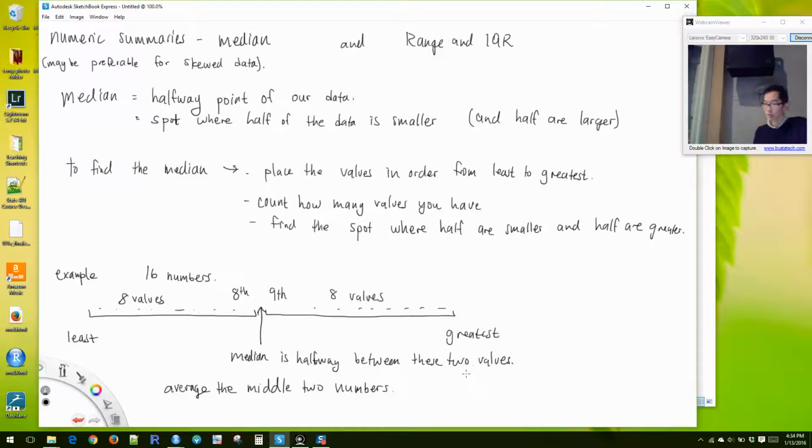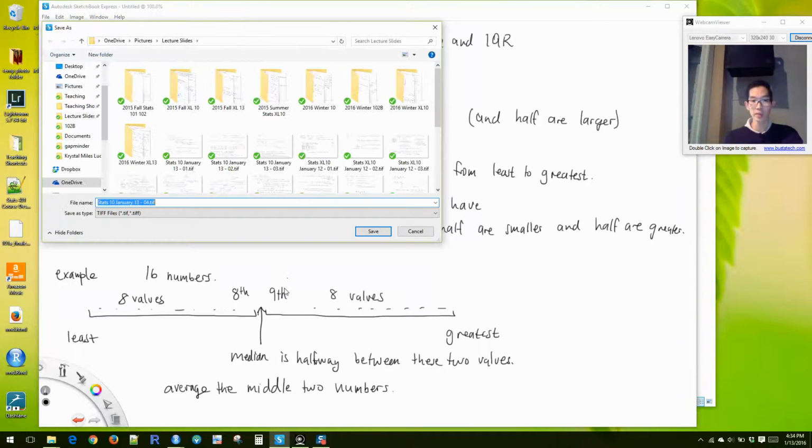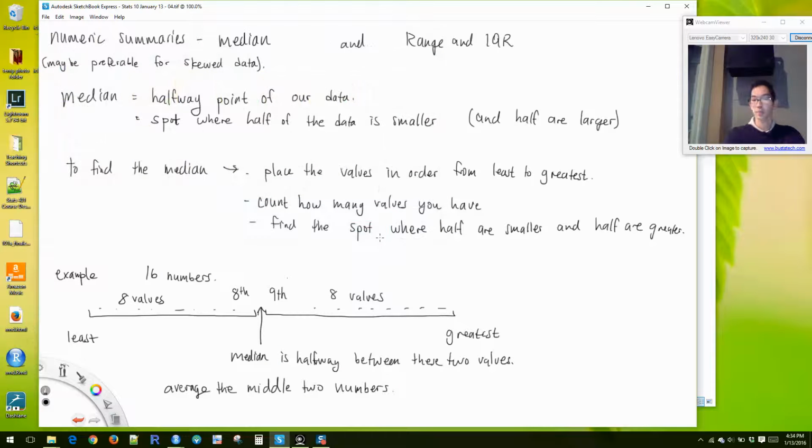Whatever your 8th number is and your 9th number is, you would add those two together and divide by 2. That's if you have 16 numbers, and that could be extended to any even count.